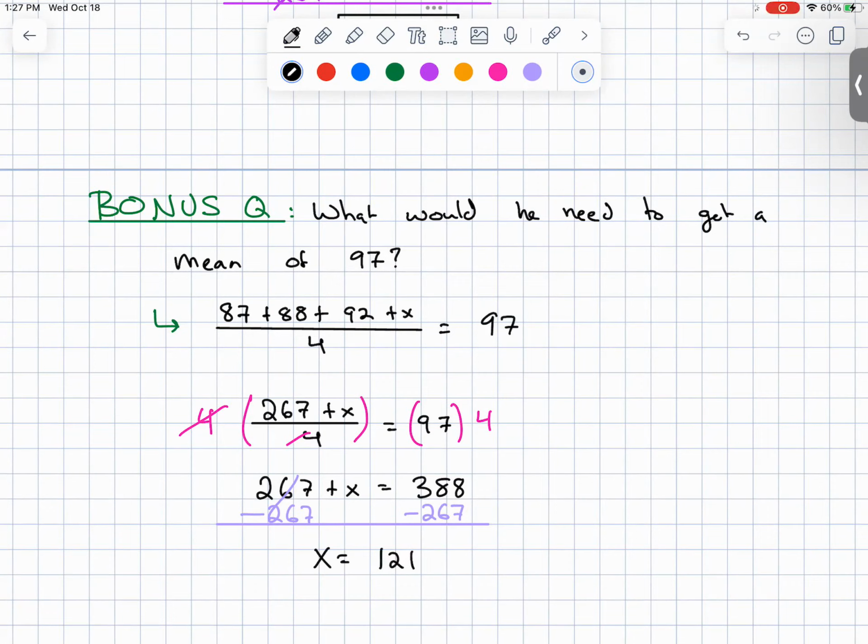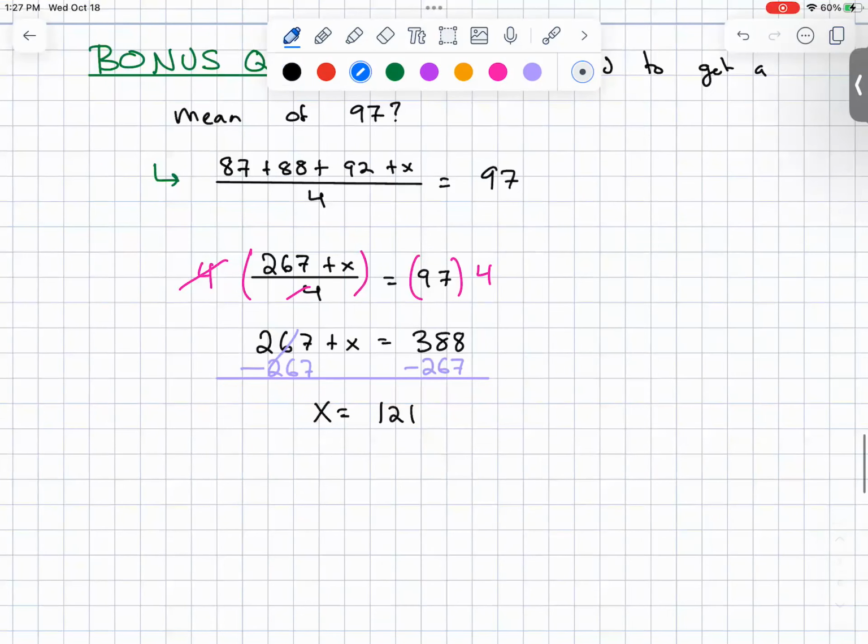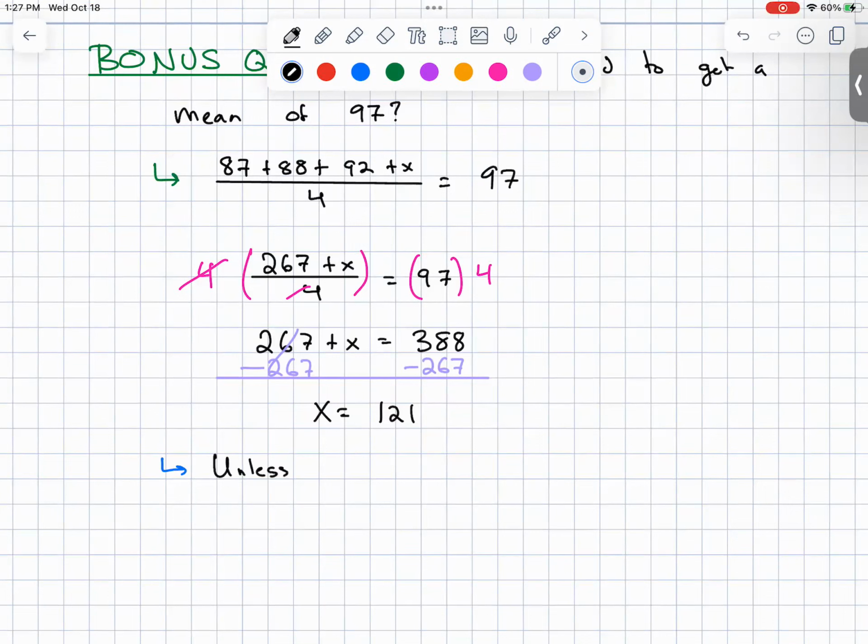I mean, maybe this course does have extra credit, but I doubt it's 20 points worth of extra credit. So unless the fourth exam has extra credit, an average of 97 is not possible.